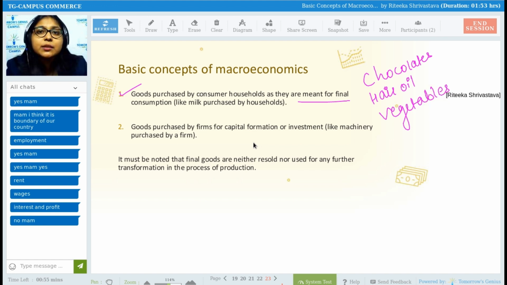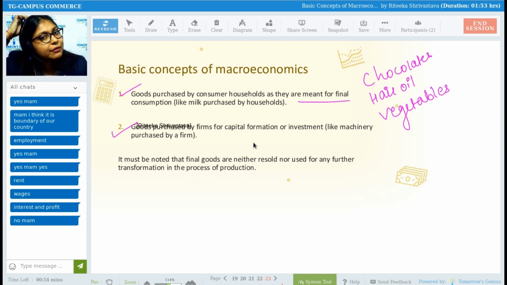So the first thing can be any good which is purchased by a consumer household for final consumption, like chocolate, hair oil, vegetables, fruits, milk, etc.